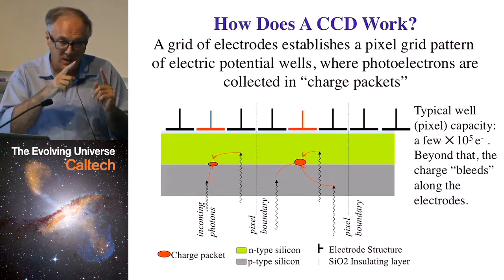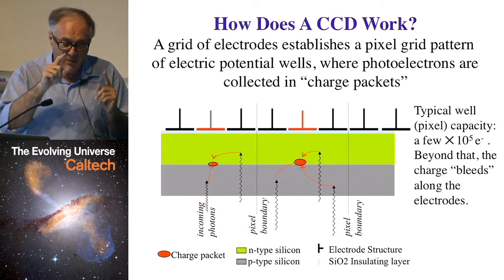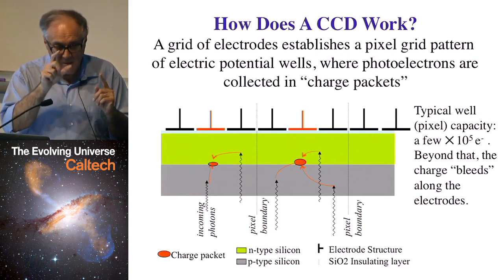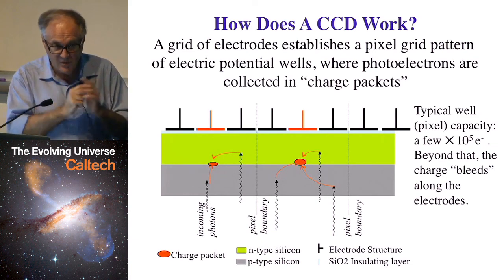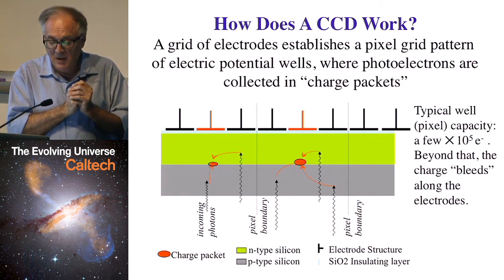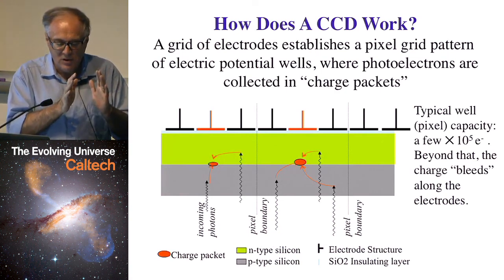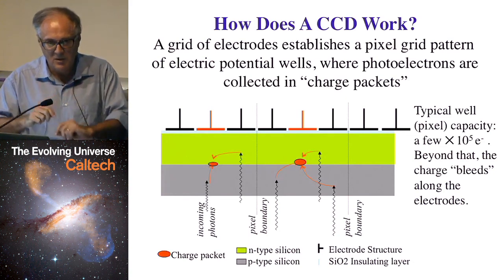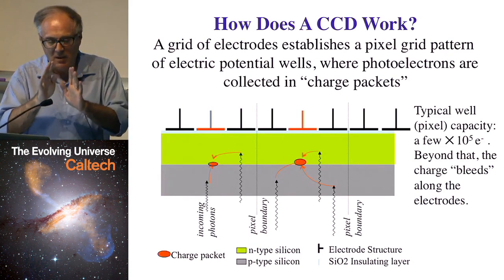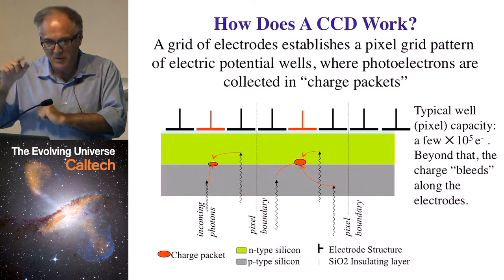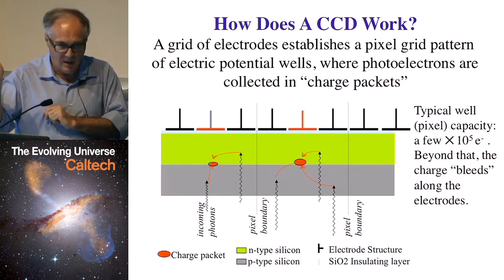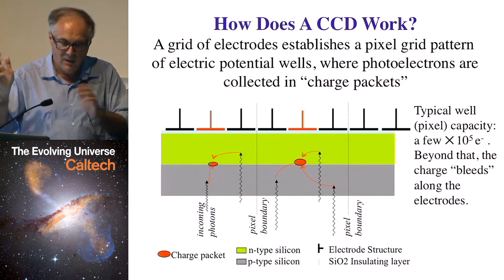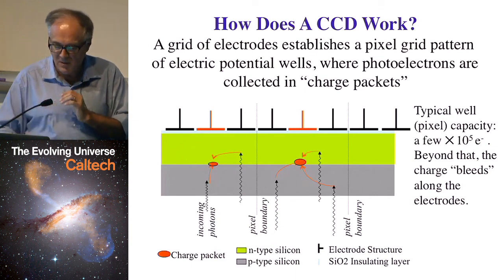And so that creates a potential well that electrons will only accumulate in the middle where there is a positive charge, positive voltage. And then when you're ready to read it out, you just shift the pattern by one and shift by another. And so you essentially clock out that whole pattern of potential wells and pick it out at the end and amplify it. That's essentially how all CCDs work.